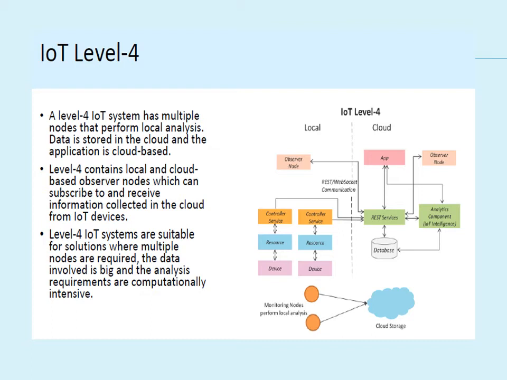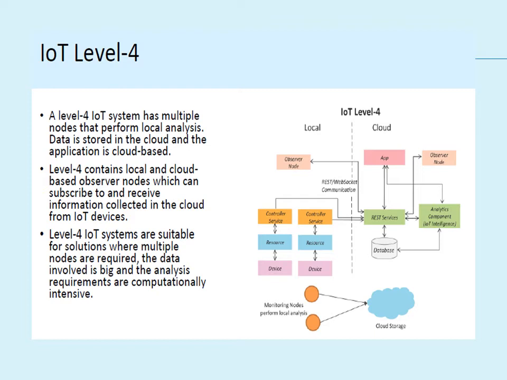But with IoT level 1, we won't store all the data in the cloud, whereas with IoT level 2 and level 3, the data can be stored vastly in cloud storage. Those are cloud based models.